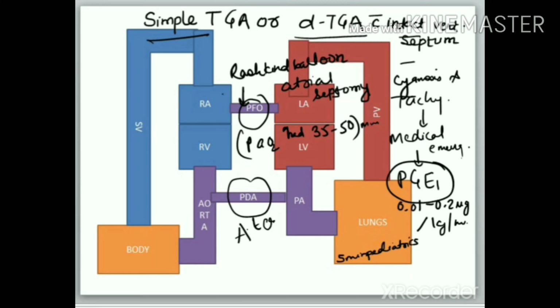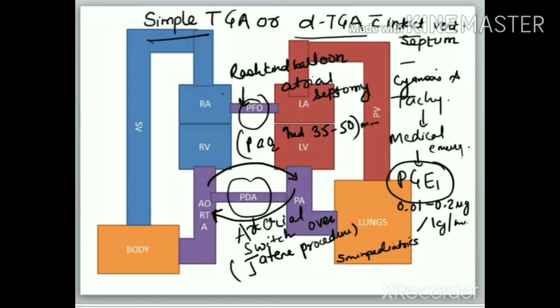The treatment of choice is the arterial switch operation. It is also called the Jatene procedure. Here, switchover means switching the aorta to the pulmonary artery and the pulmonary artery to the aorta.